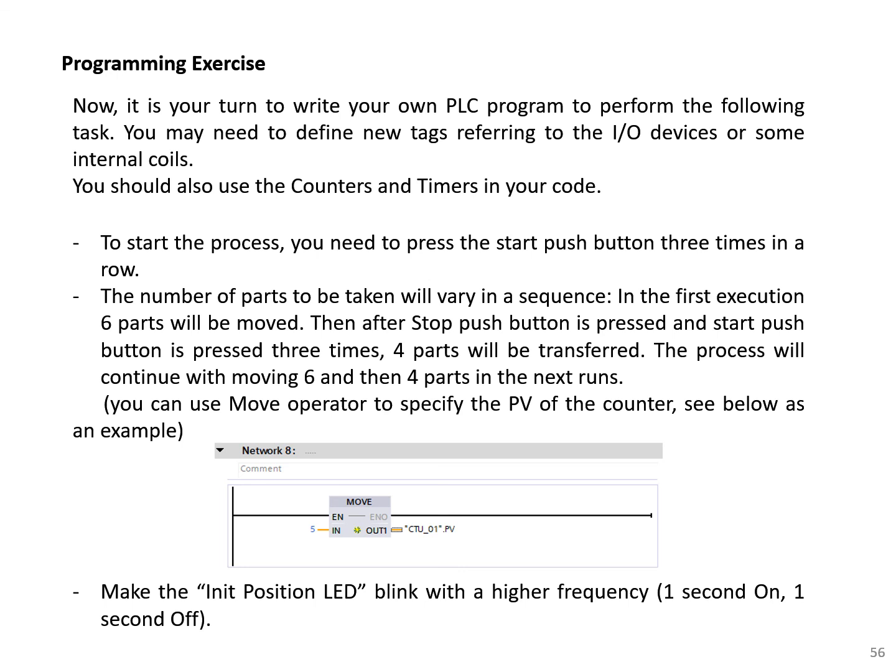You can use the move operator. This is the move operator to specify the PV, which is the preset value of the counter. See below as an example. So here we have an input, let's say 5, and the output is the preset value of the timer.